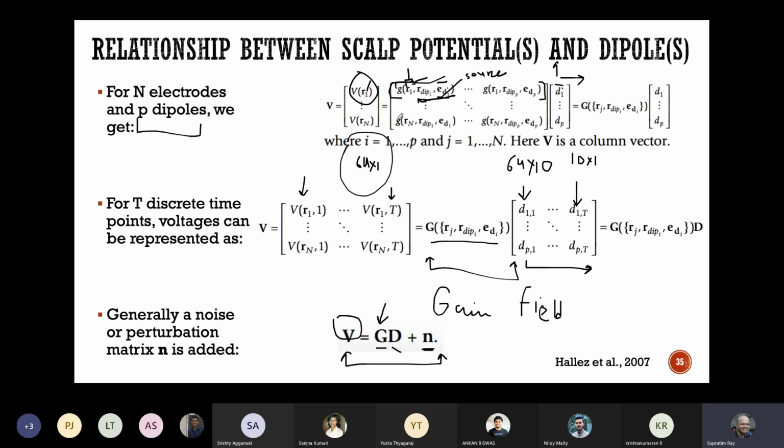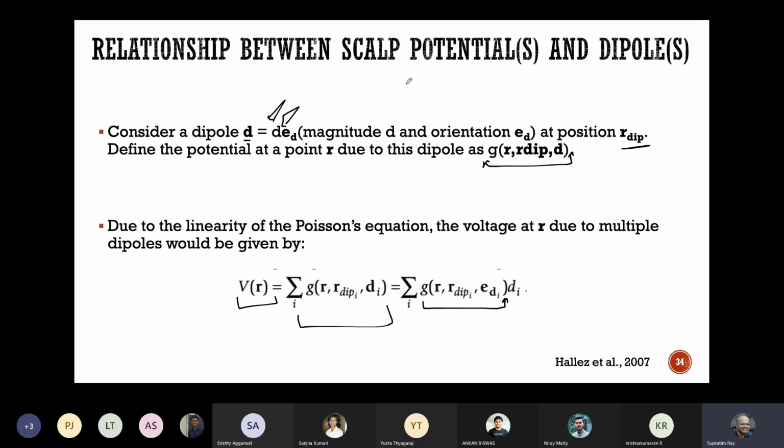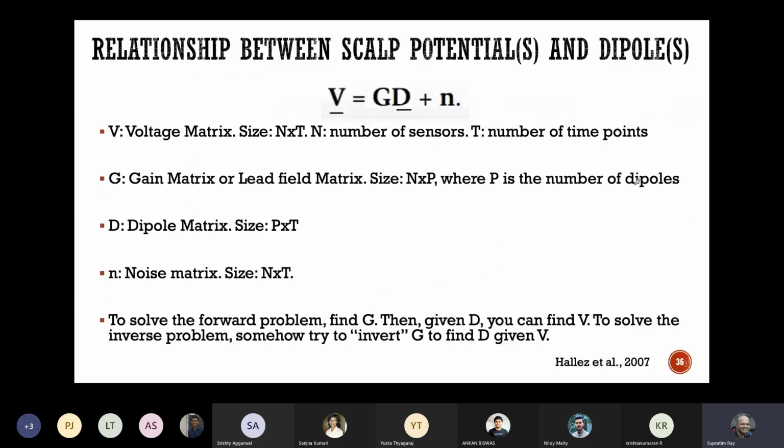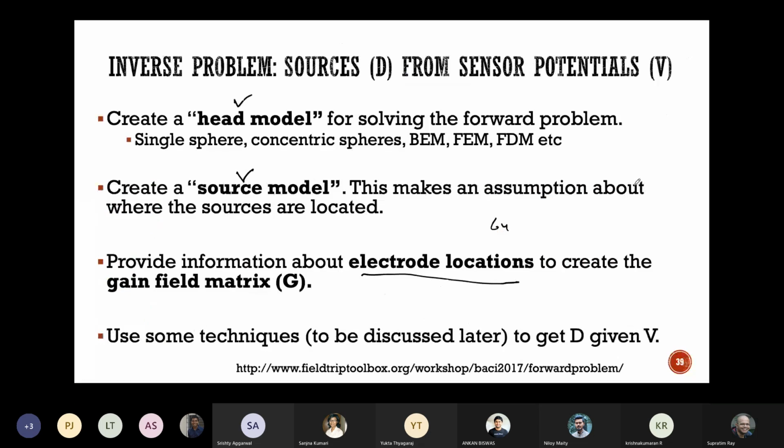This R1 to R64 is my electrode position. And to compute G, I need to have a head model which tells you how you are parcellating the brain, skull, and head. Once I have all of this, I can estimate the gain field matrix. And then if I can somehow invert the gain field matrix, I will be able to find out what D is given any V, which is my inverse problem.